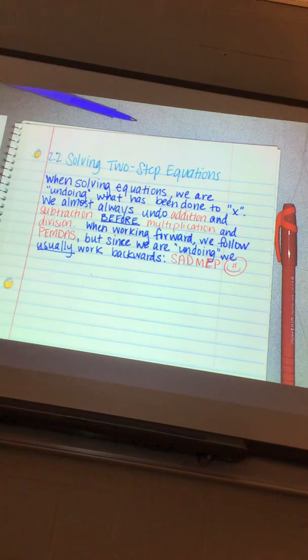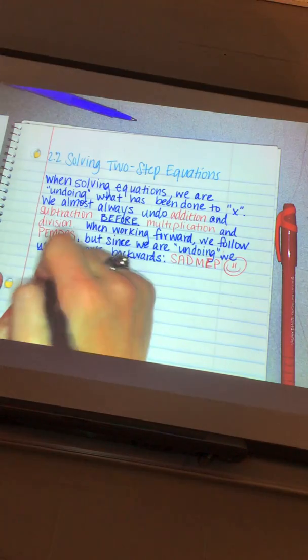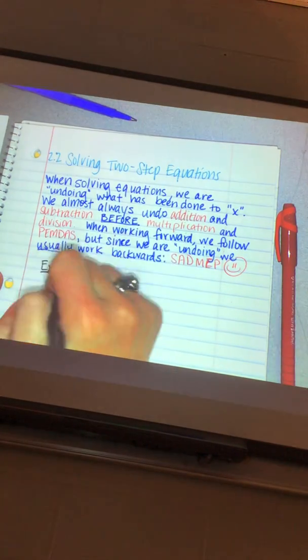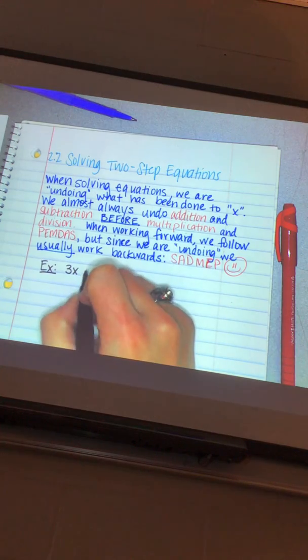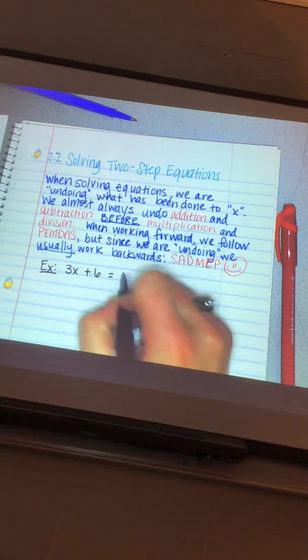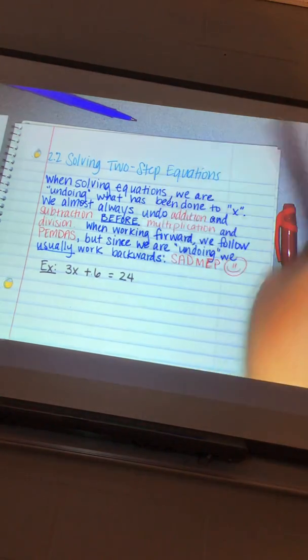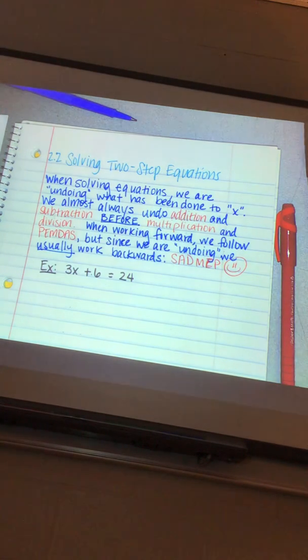So I'm going to give you an example. 3x plus 6 equals 24. Okay, so remember in class, I want you to always ask yourself, how do I get x by itself?